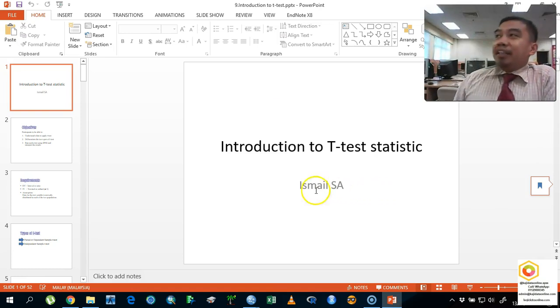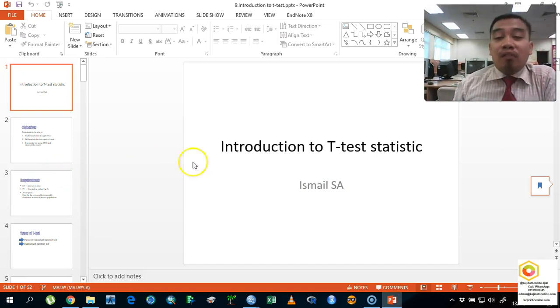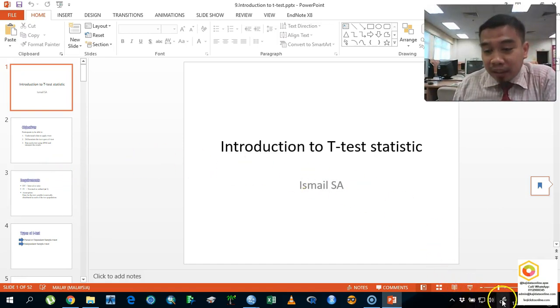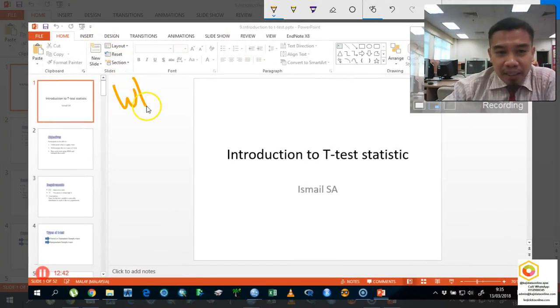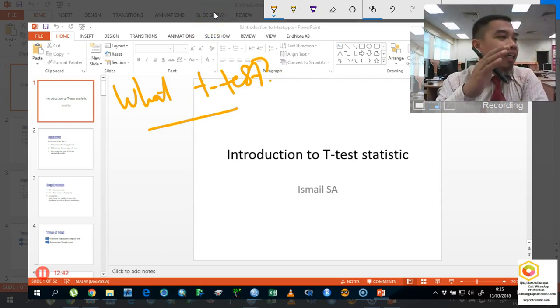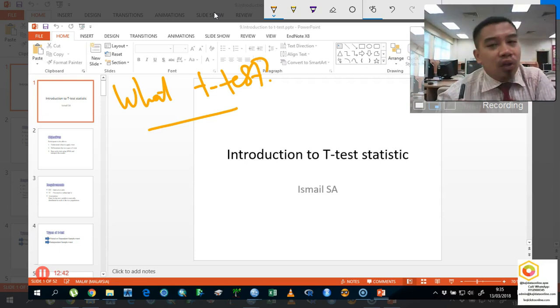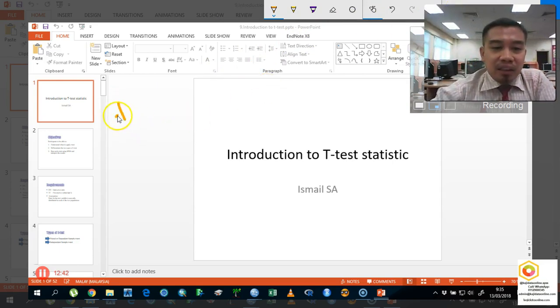Okay, this is the topic, an introduction to statistics for the T-test. Remember one thing. What is the T-test, ladies and gentlemen? Can anybody share with me what a T-test is? The T-test is a test for you to identify differences between two independent groups when the data is normally distributed. Okay, let me repeat.